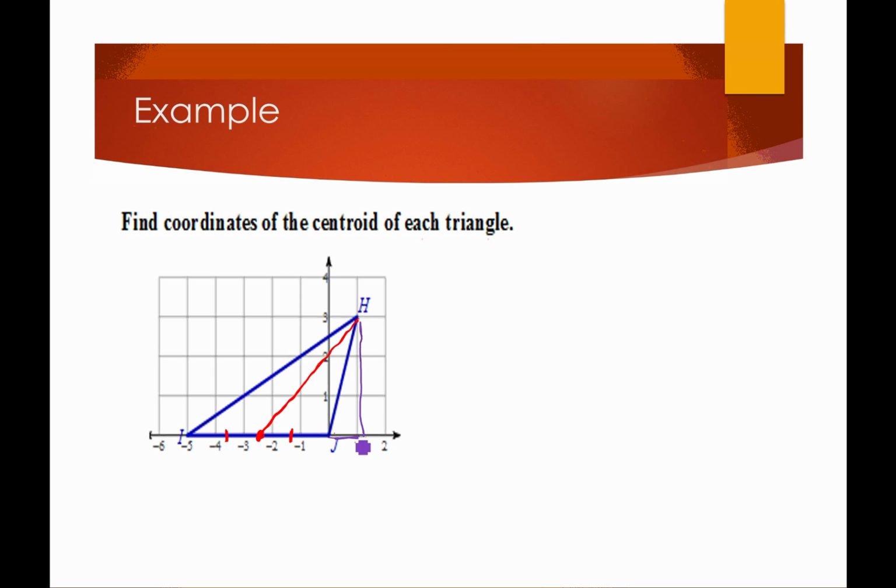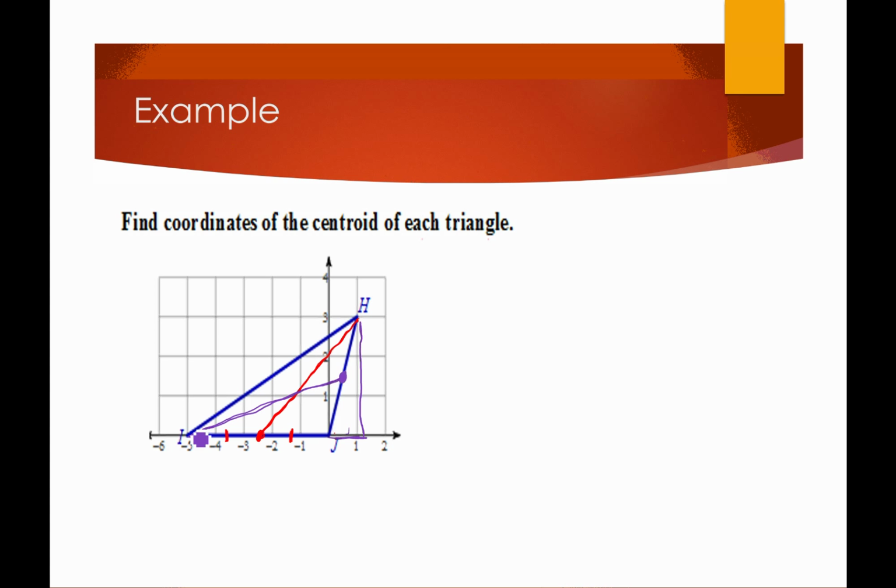Halfway between that would be over 1/2 and up 2.5. So there's an estimate of my midpoint. I'm just asking for estimates right now. On your homework, remember I said you're going to have to do some constructing, so you're going to have to review how to construct.